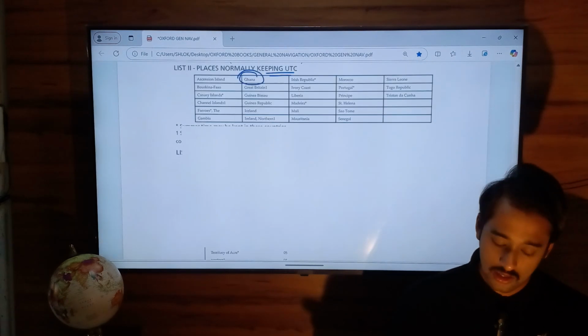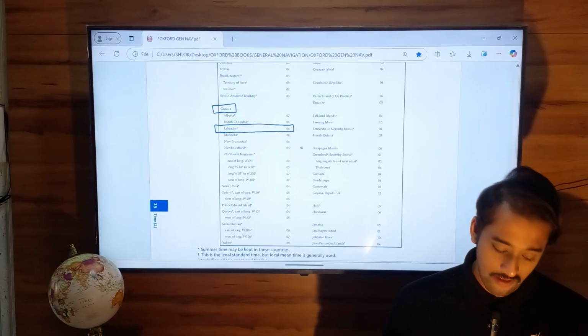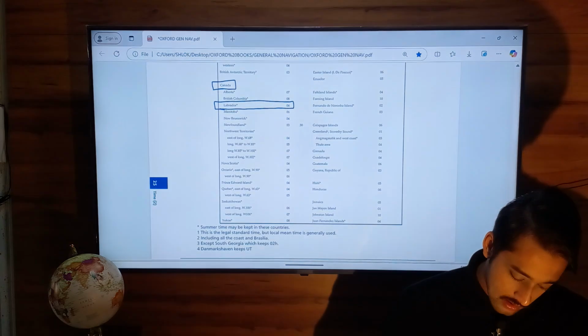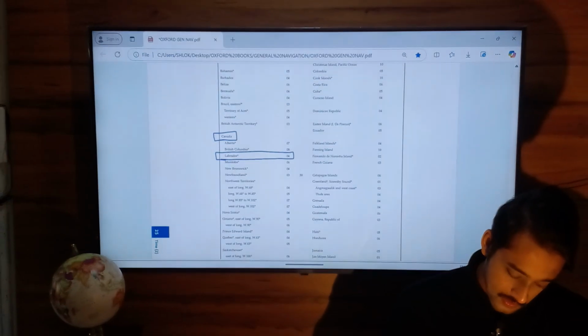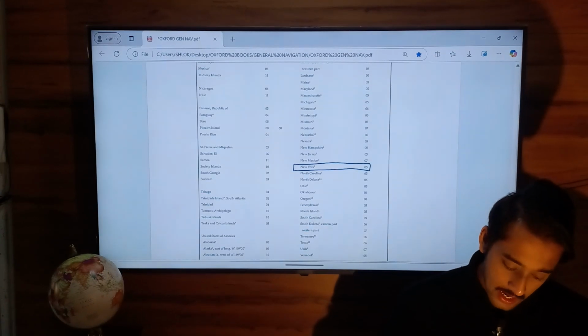Let's go to New York. New York is to the west of the 0 degree prime meridian, so it will be behind in time.